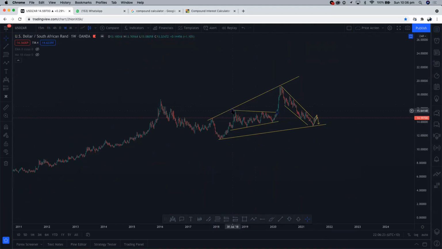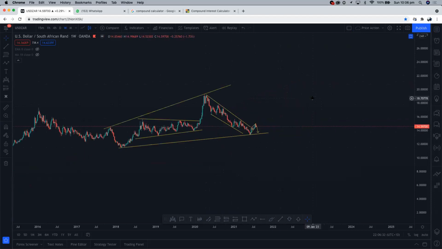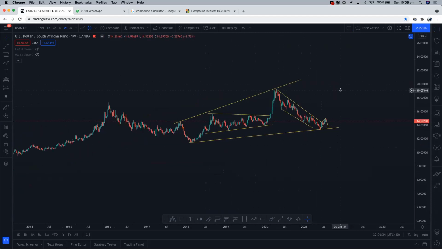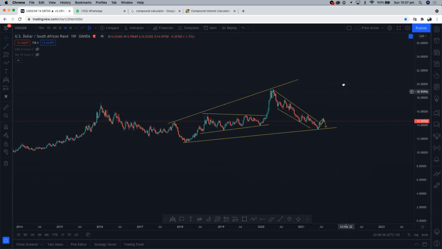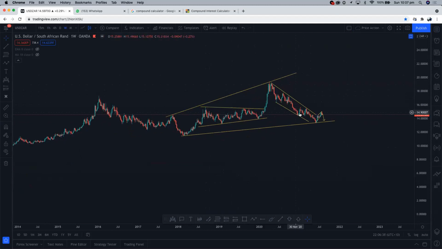Then we have a structure in between, the expanding channel. This is a weekly expanding channel. The recent price action says that we have a move to the downside in a channel. So this has a potential to reverse from this outer structure.